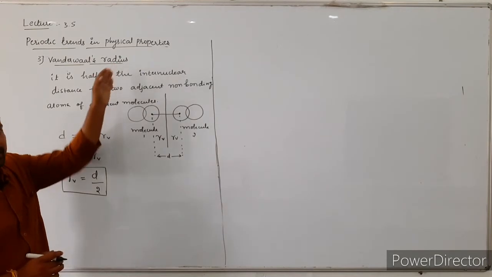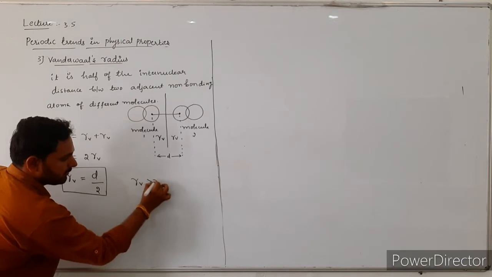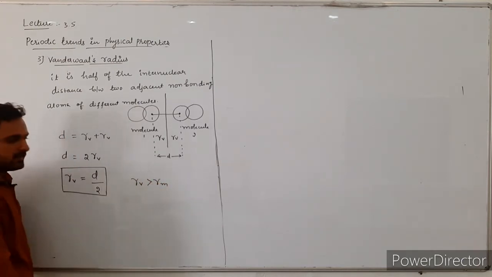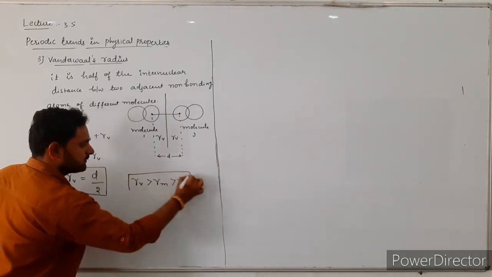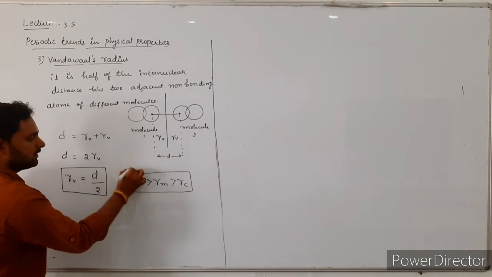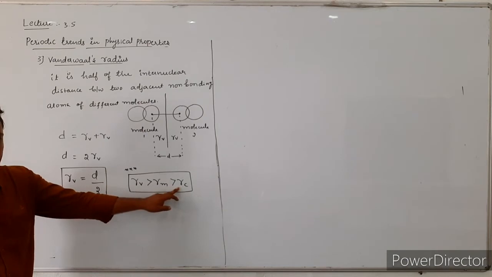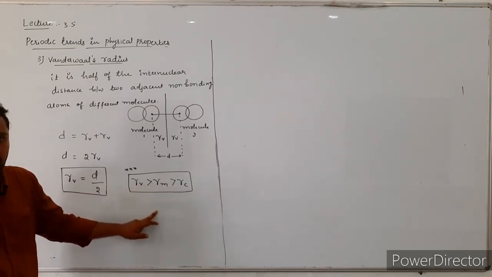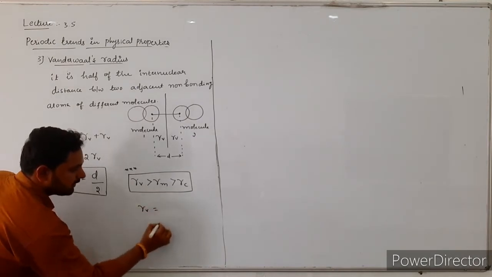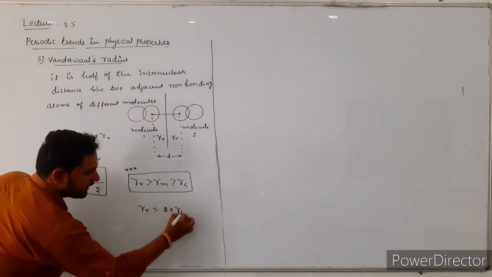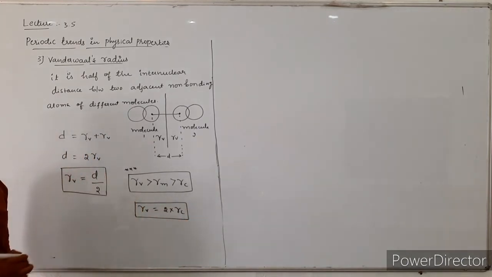That's why van der Waals radius is greater than metallic radius, and metallic radius is greater than covalent radius. This is very important. And what is the relation between van der Waals radius and covalent radius? The van der Waals radius is equal to twice of covalent radius. This is the relation between van der Waals radius and covalent radius.